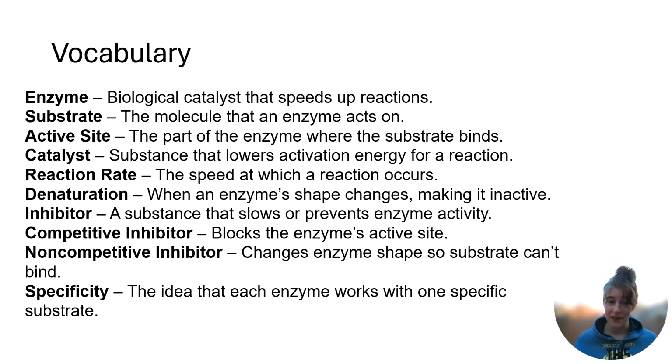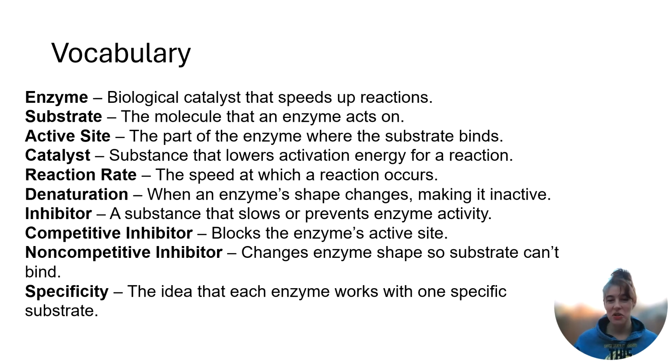Some vocabulary, and we're front loading the vocab here. We're going to need to know enzyme, substrate, active site, catalyst, reaction rate, denaturation, inhibitor, competitive inhibitor, non-competitive inhibitor, and specificity. So why do we need to know all of this? Well, enzymes are specific.